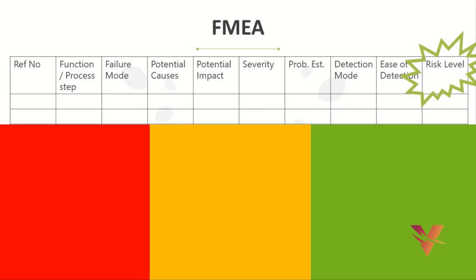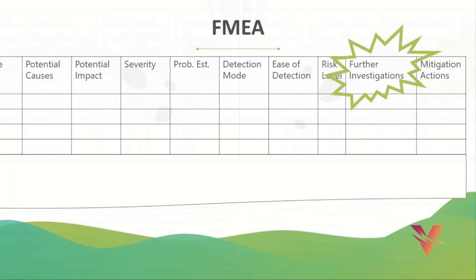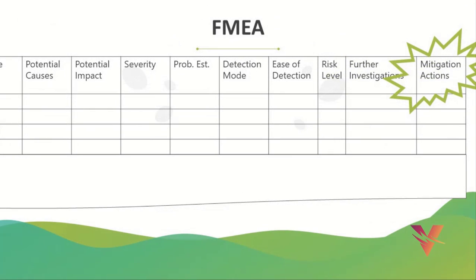Next, further investigation needed that will help us to more clearly define the failures and more accurately estimate the likelihoods and the impacts. And crucially, we have mitigation actions, what we are going to do to mitigate the threat of the failure.